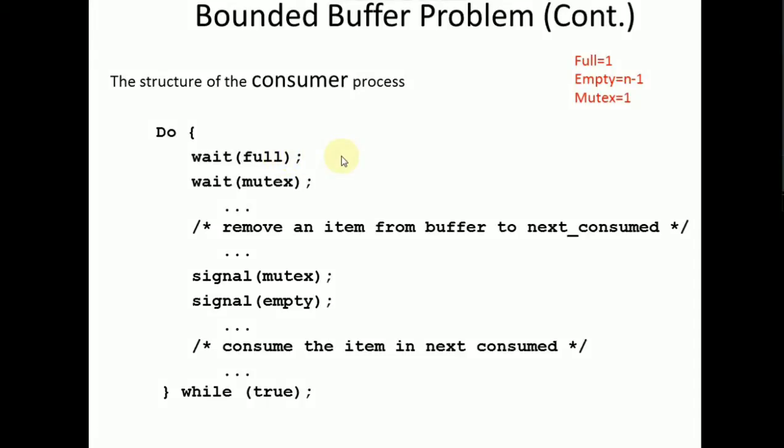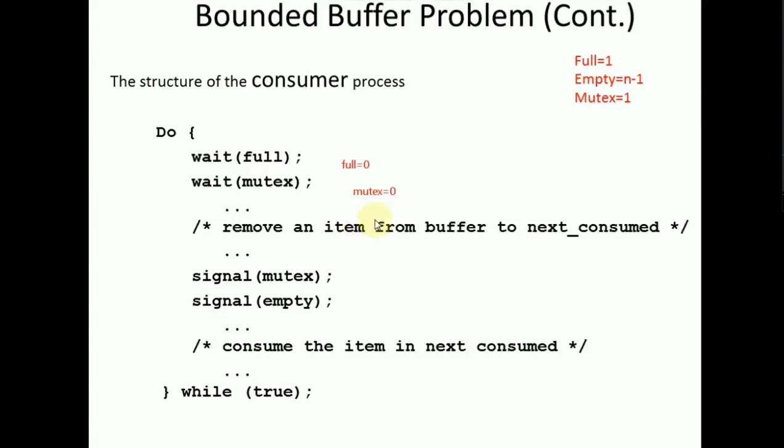Now the value of full again becomes 0. Then it takes the mutex, making the mutex 0, indicating that no other process shall be allowed to act upon the buffer.